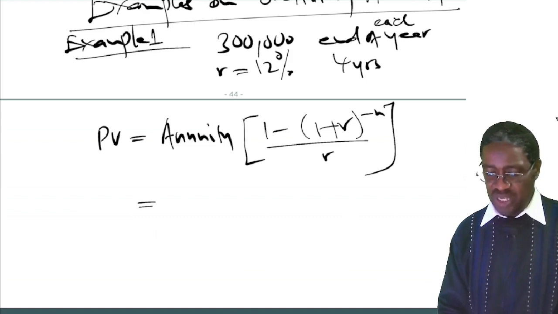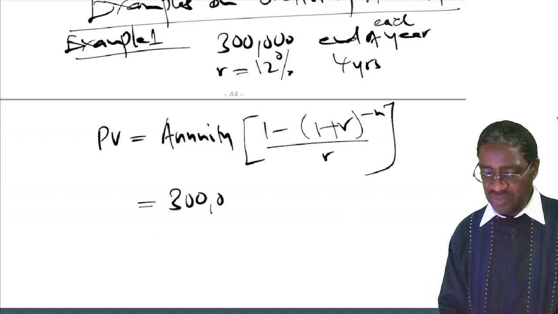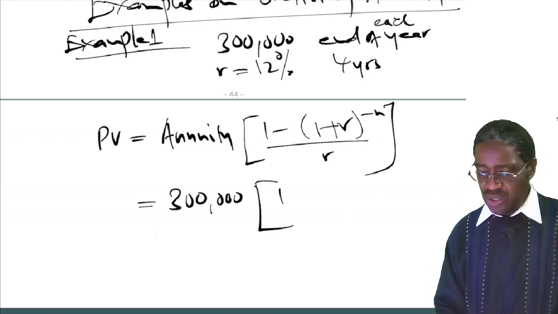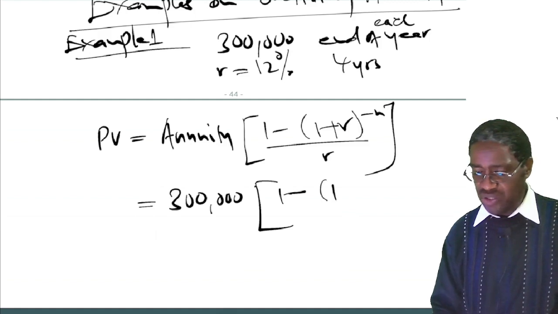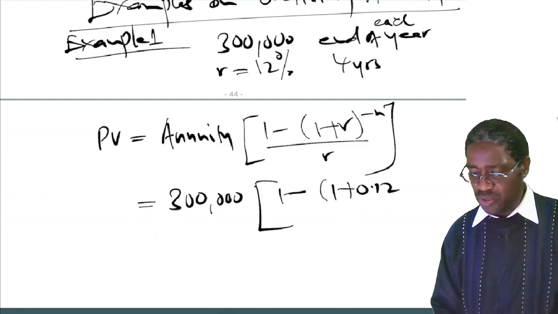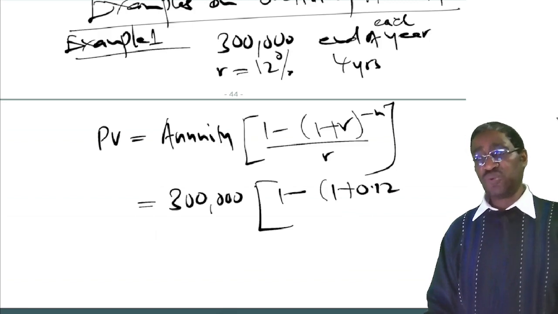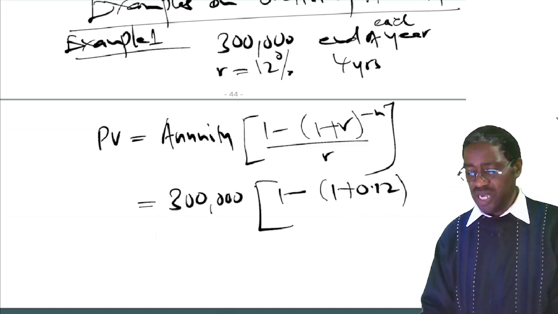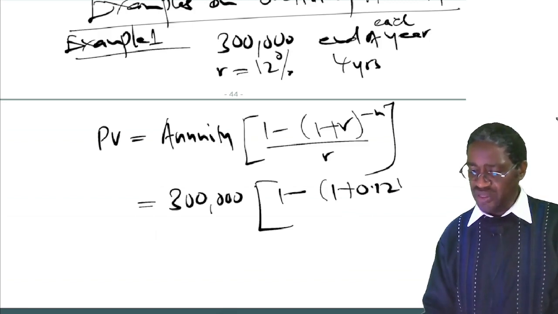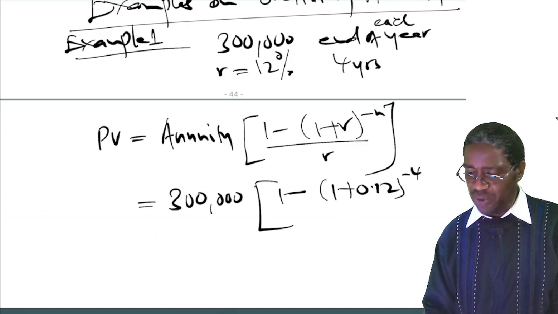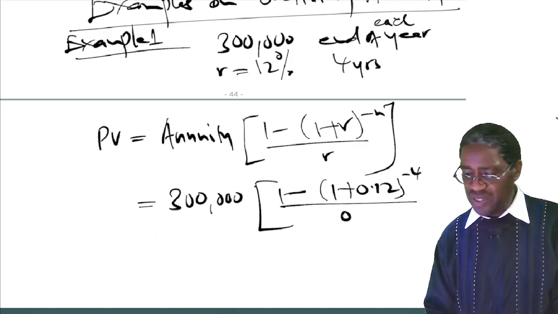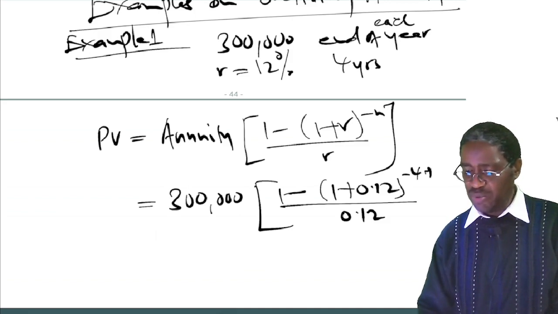So this will be 300,000 into 1 minus 1 plus r, which is 0.12, everything to the power of negative 4, divided by 0.12.